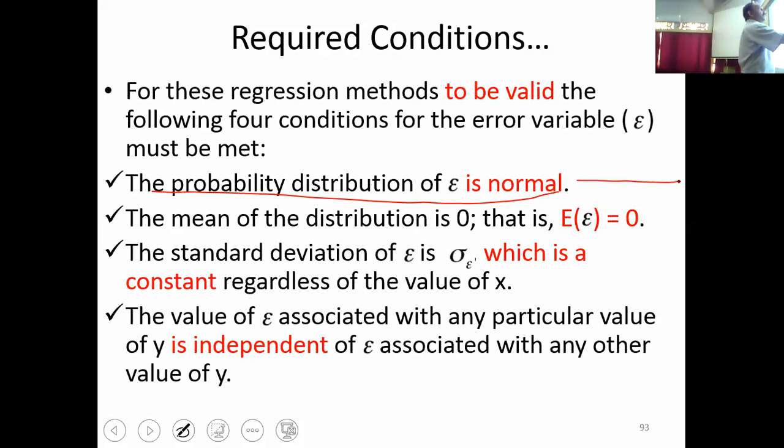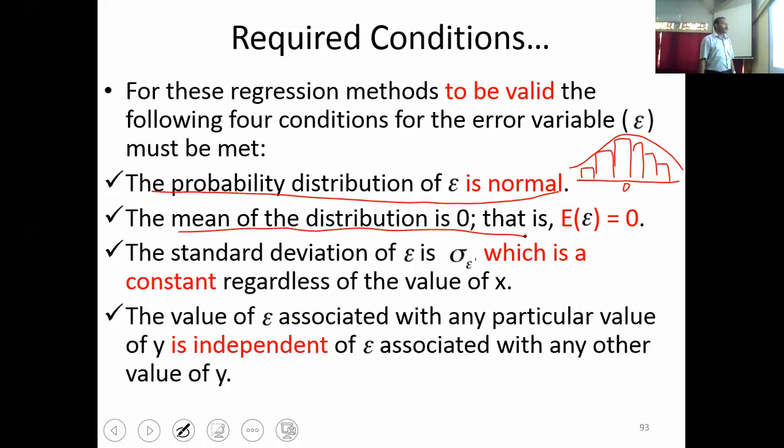Can you remember earlier, when you look at the error terms, they should produce a normal distribution with a mean of 0 and a variance of sigma e? So the mean of the distribution is 0, right? And the standard deviation or the variance has to be constant regardless of the x value.